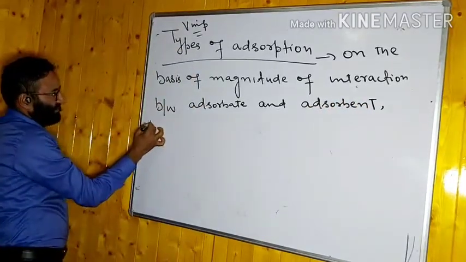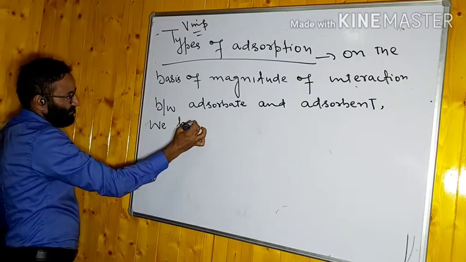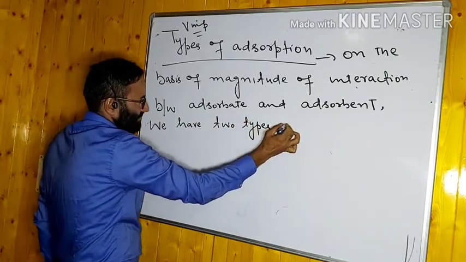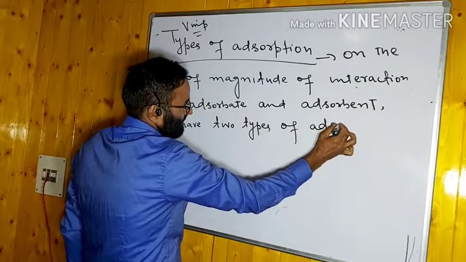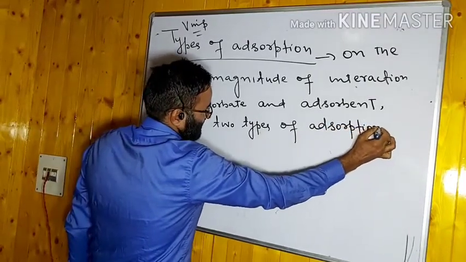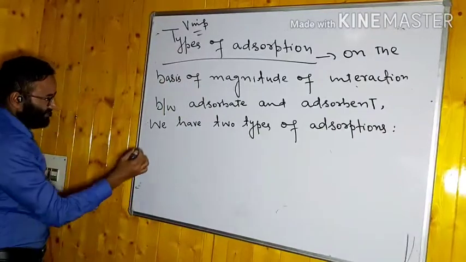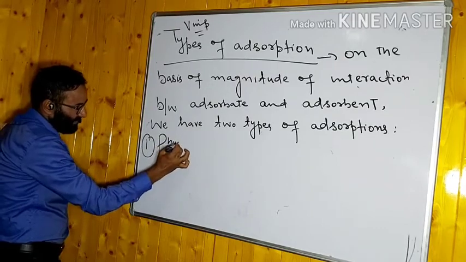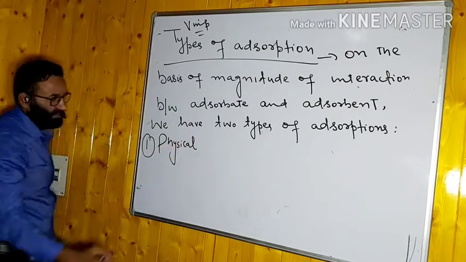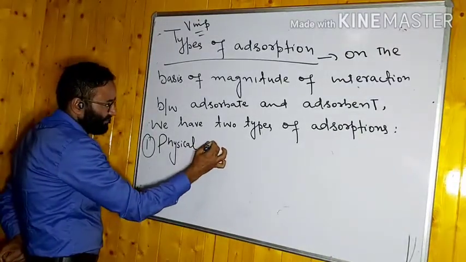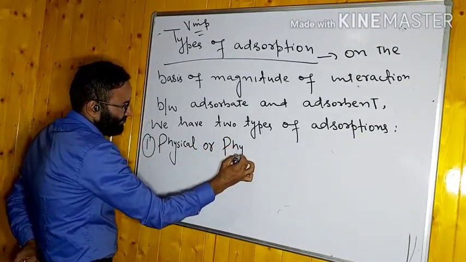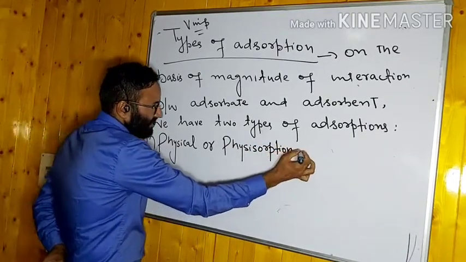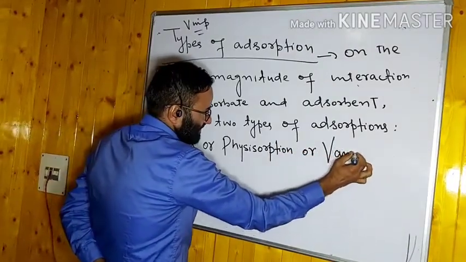We have two types of adsorptions. I will first list the names. The first is physical adsorption, or you can call it physisorption, or you can say van der Waals adsorption.